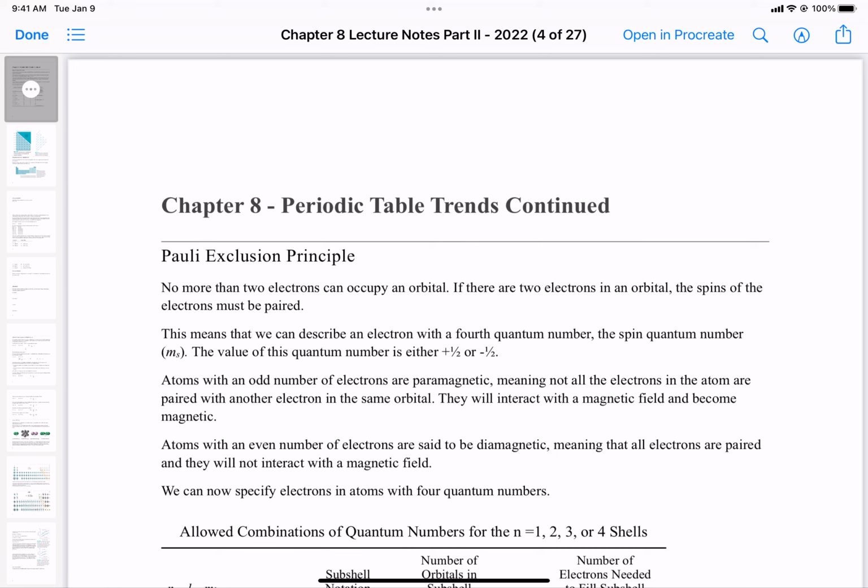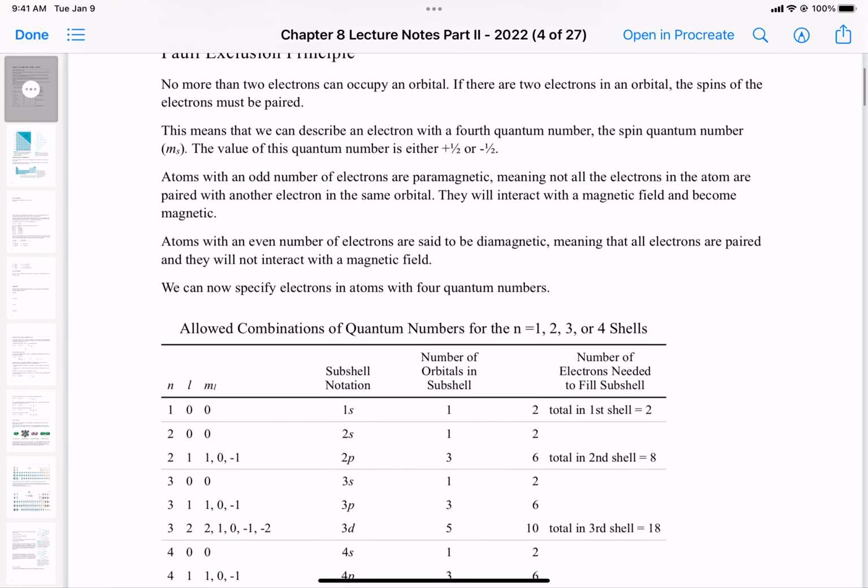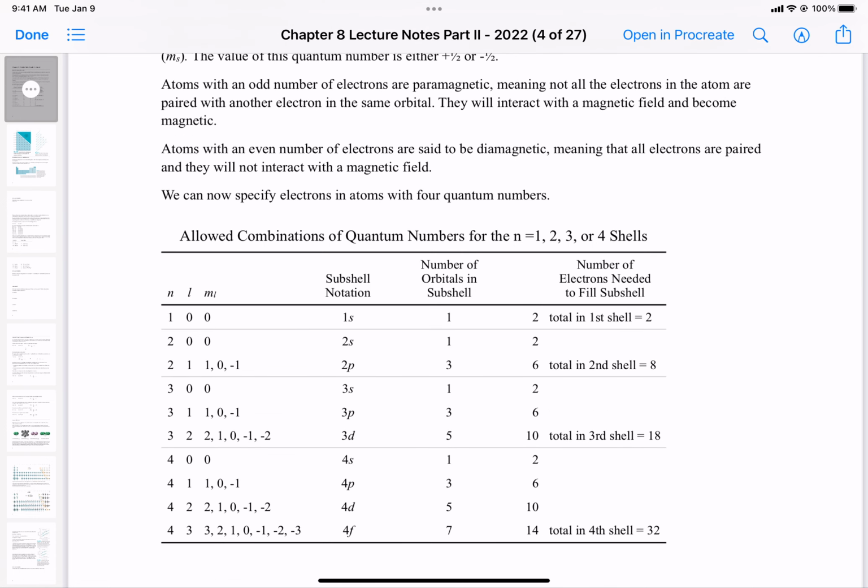Okay? Now we can specify electrons in atoms with 4 quantum numbers. So we can now give them all the coordinates they need to describe individual electrons. Here are the allowed combinations of quantum numbers for the n equals 1 through 4 shells. For n equals 1, you can only have 1, 0, 0.